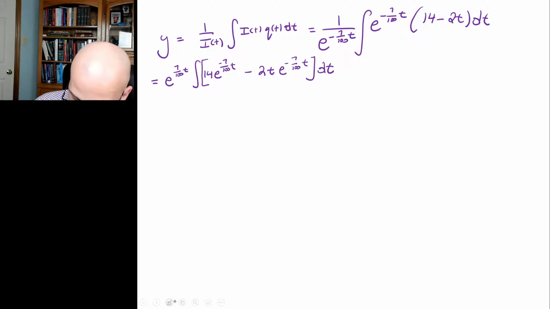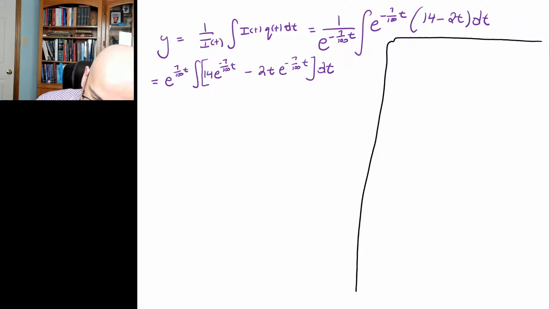And let's split those two integrals up. Let's integrate e to the negative 7 over 100 t dt.